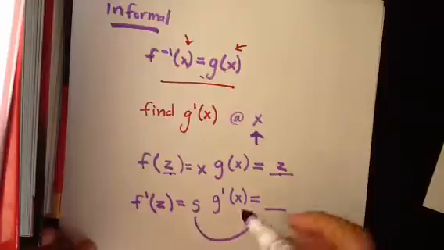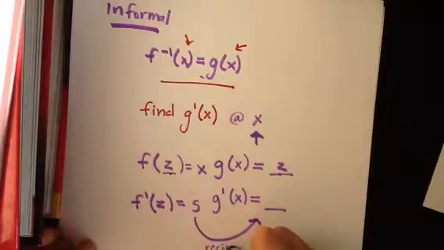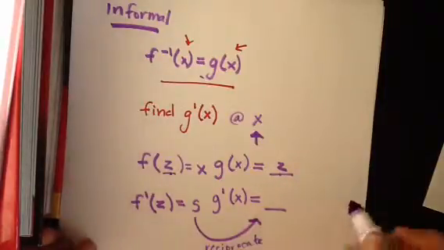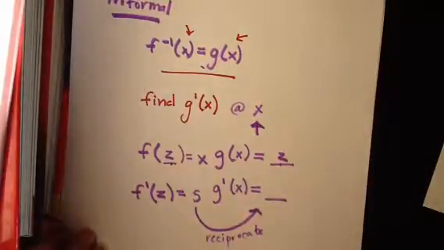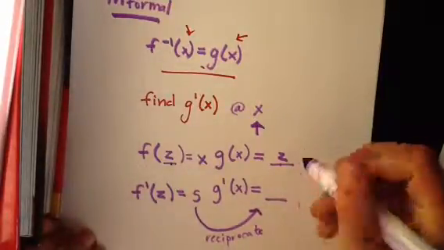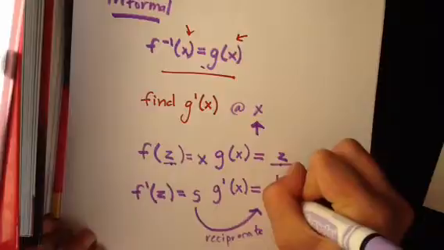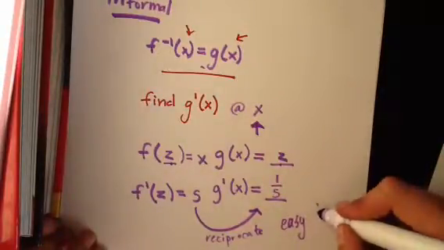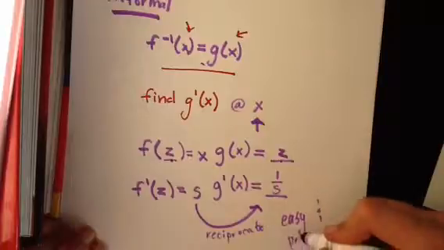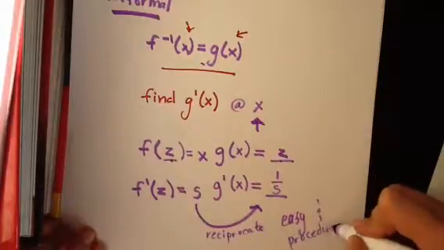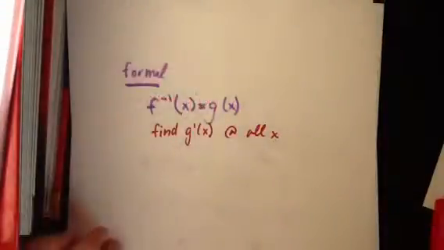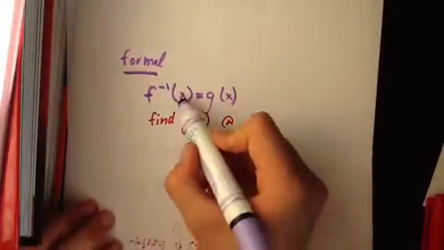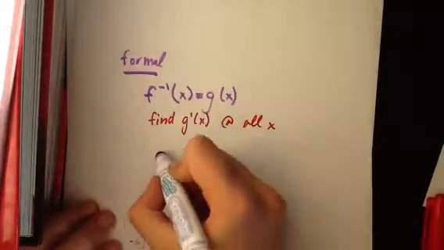Then, since f and g are inverses, if we reciprocate the f prime of z, which we're going to call s, g prime of x is just equal to 1 over s. And I like this way of doing it because it's easy and also procedural, so it's difficult to mess up.